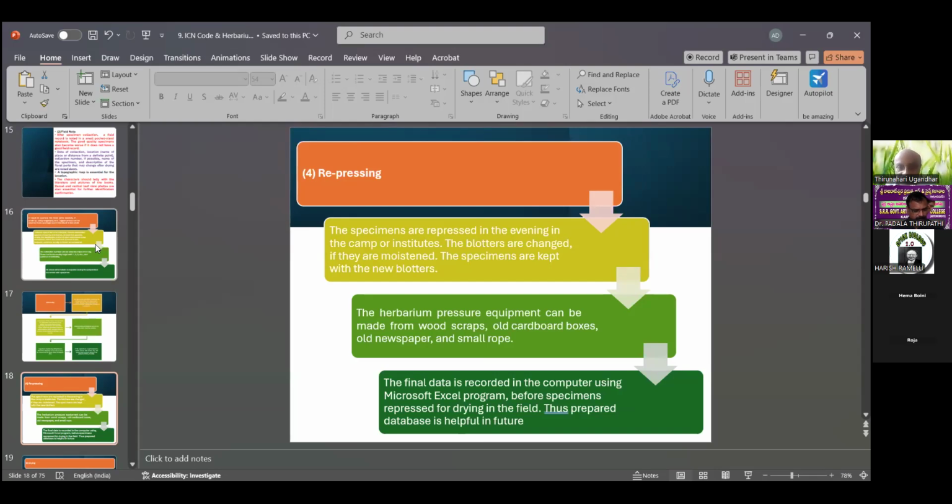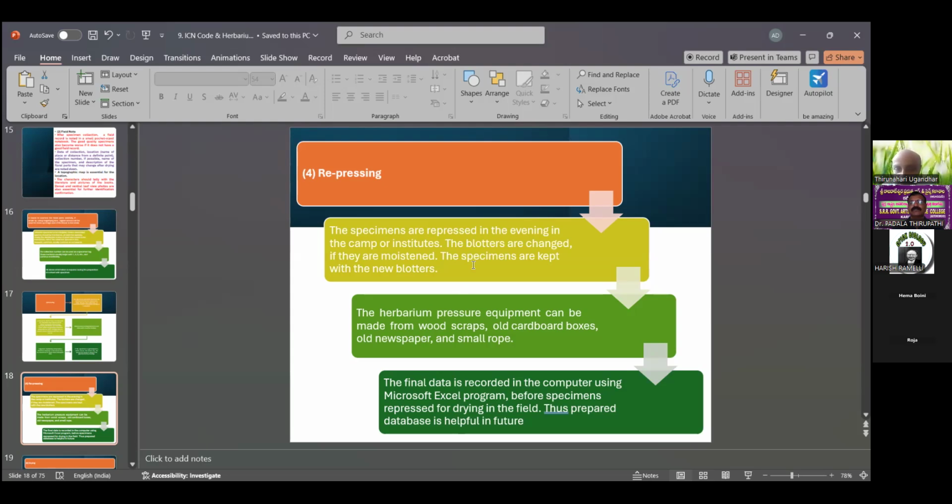The fourth process is repressing. The specimens are repressed in the evening in the camp of the institutes, colleges or universities, as part of the preparation of the plant parts. The blotters are changed when they are moist, because moist leaves after drying can cause fungus.